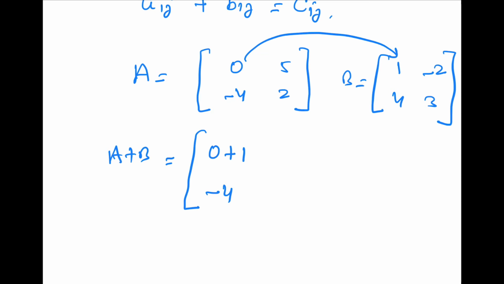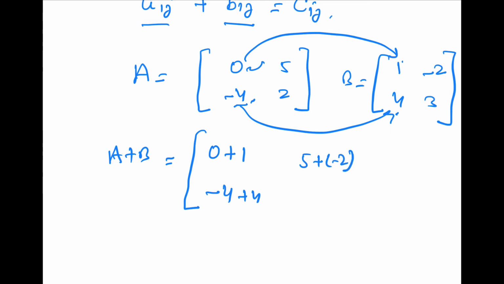Corresponding elements are added, Aij plus Bij: A11 plus B11, A21 plus B21, this plus this, and here 5 plus minus 2 and 2 plus 3.